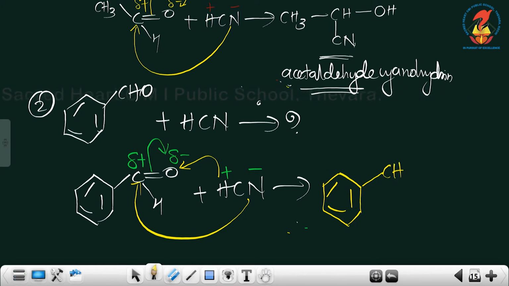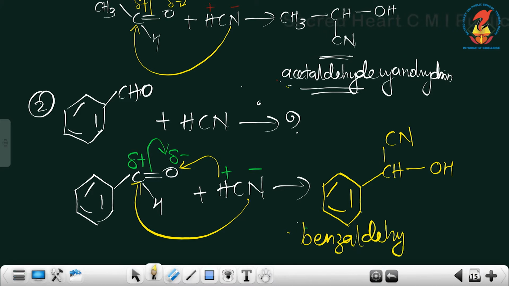Now after shifting, C double bond O will become single bond O. Now H plus is attached to oxygen, so O will become OH. Now to this carbon CN minus is attached. Product is ready. So this is benzaldehyde cyanohydrin.